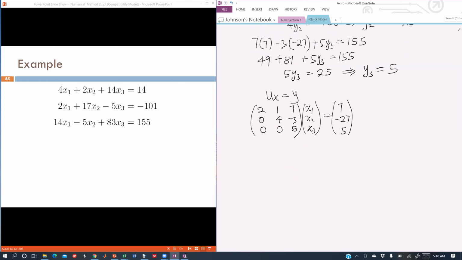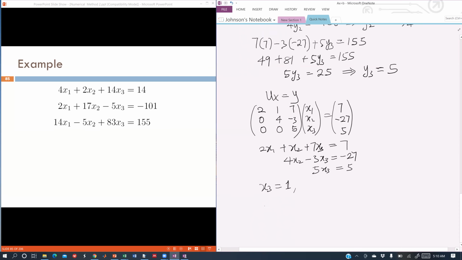And so from putting it in equation form, we get 2x1 plus x2 plus 7x3 is equal to 7. Then 4x2 minus 3x3 is equal to minus 27. Then finally, 5x3 is equal to 5. So solving this particular system, from the third equation, our x3 is equal to 1.